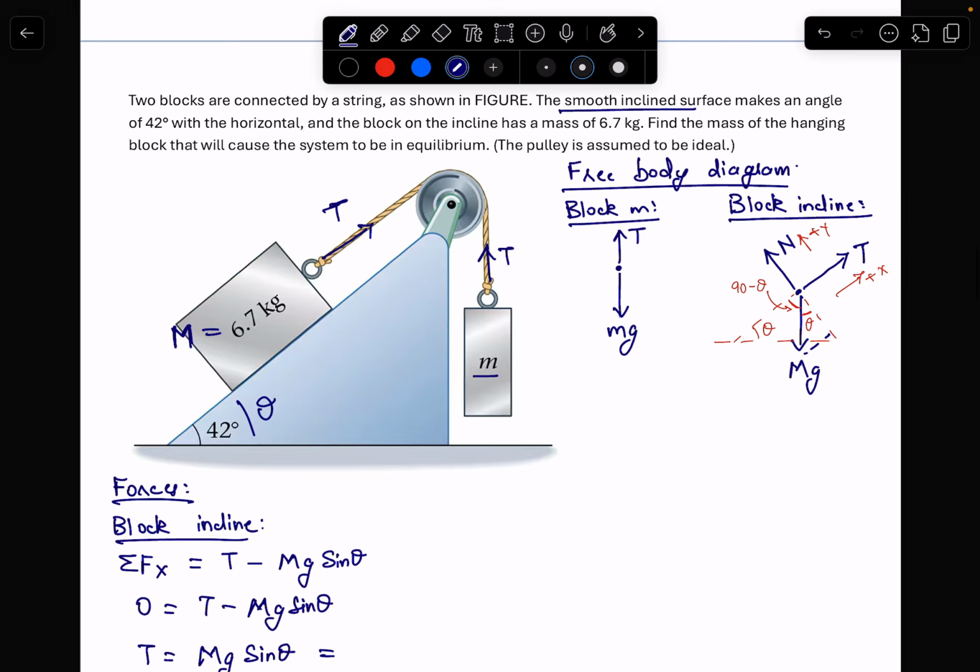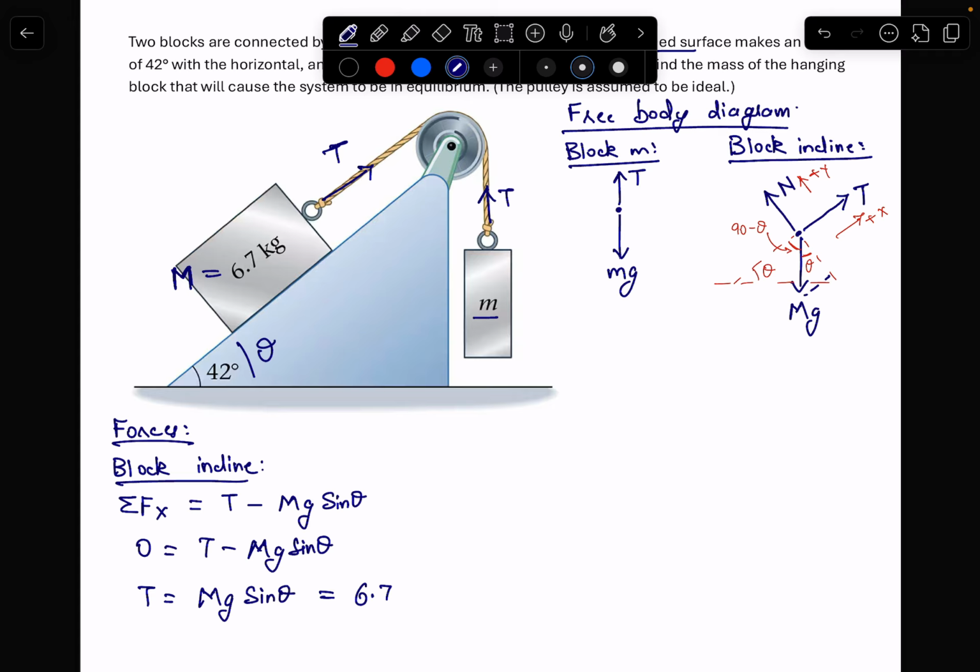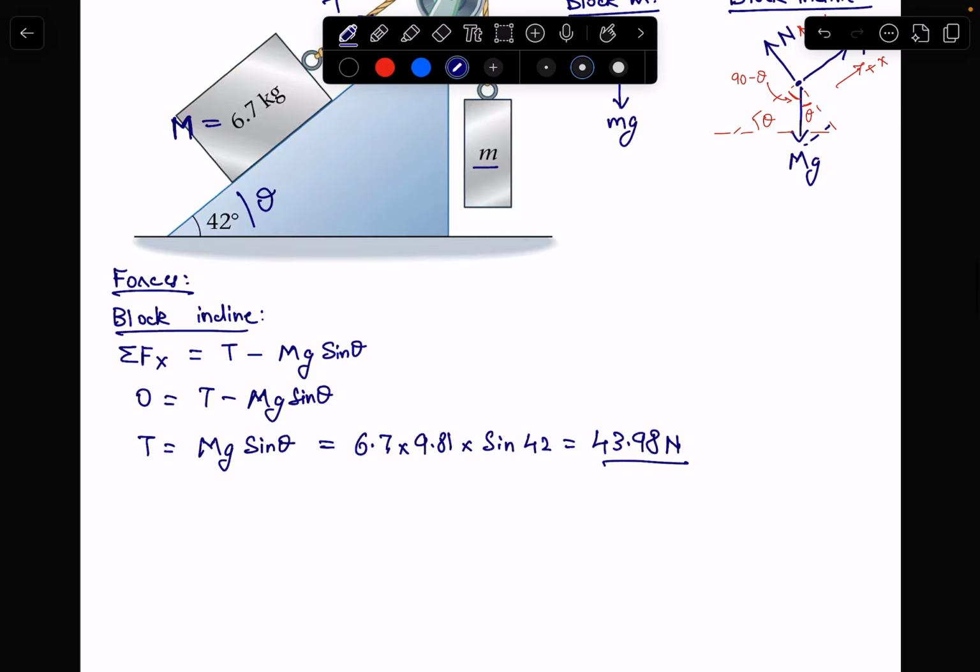I think we can, because we know the value of capital M, the value of gravity, and the value of theta. 6.7 multiplied by 9.81 multiplied by sine 42 equals 43.98 newtons. I'm not concerned about the significant figures right now.